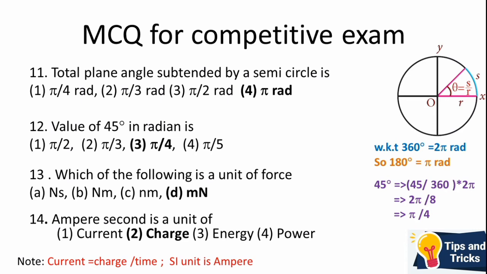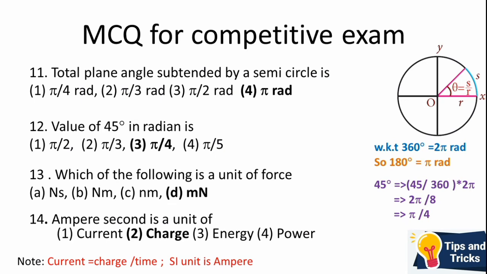Now question number 12, which is similar to question number 11. So value of 45 degree in radian is. Options given are option 1 pi by 2, option 2 pi by 3, option 3 pi by 4 and option 4 pi by 5. So how do we solve this?